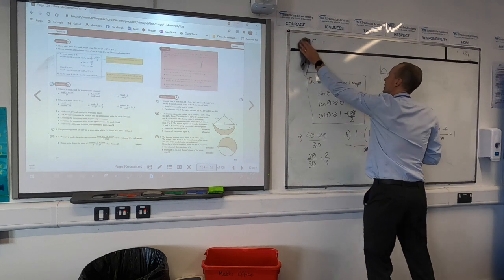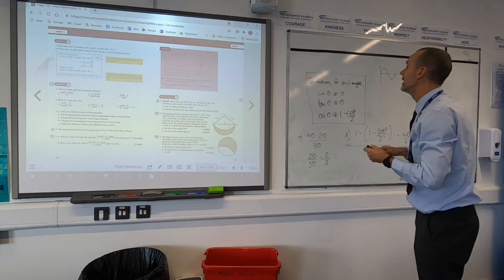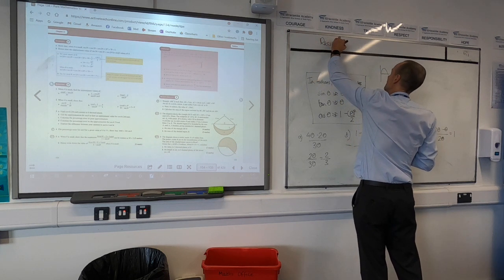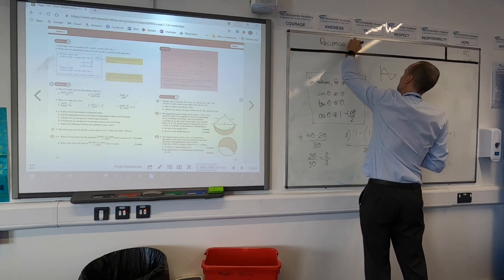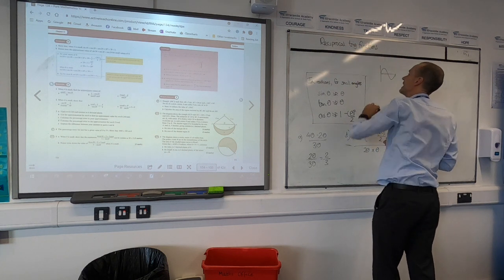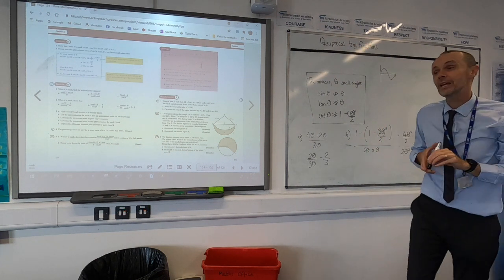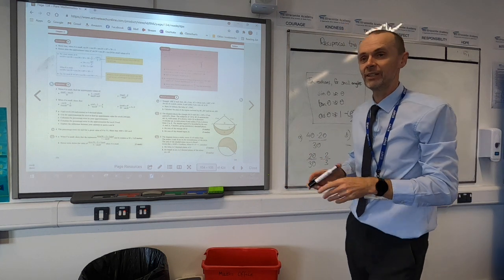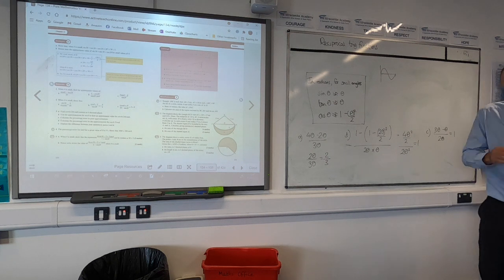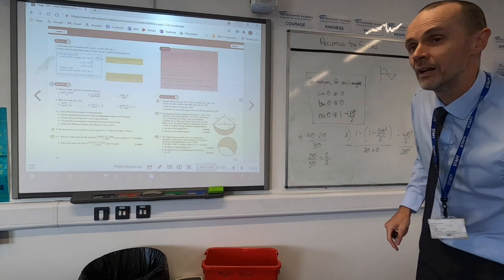But so we're going to move on to reciprocal trig functions. Now we've got 3 trig functions: sine, cos, and tan. So what we're talking about here is 1 over sine, 1 over cos, and 1 over tan. This is a whole new thing.